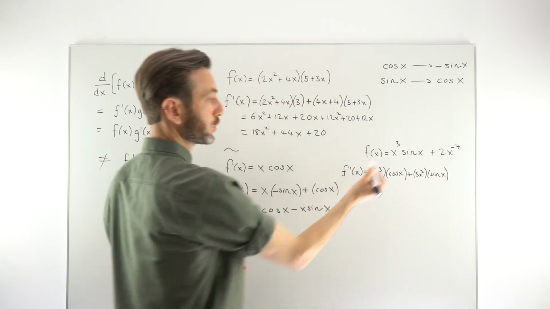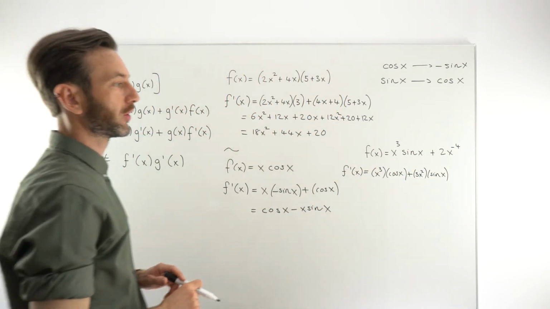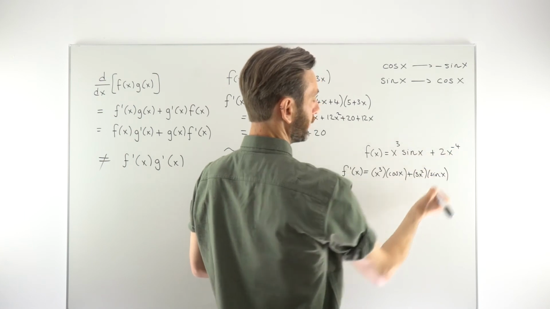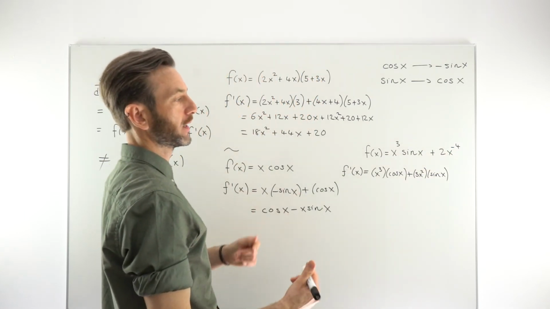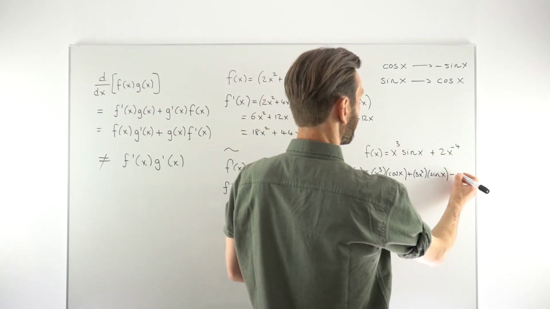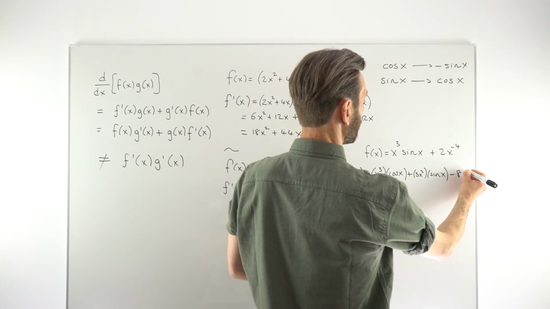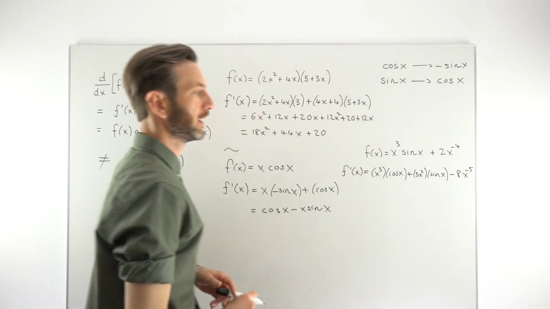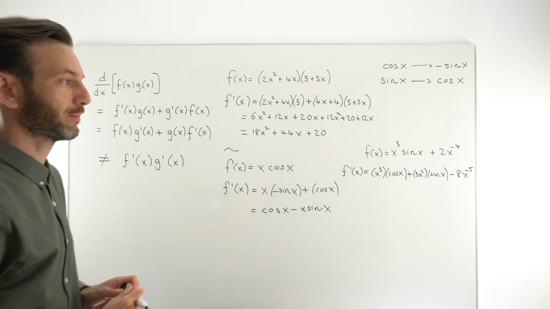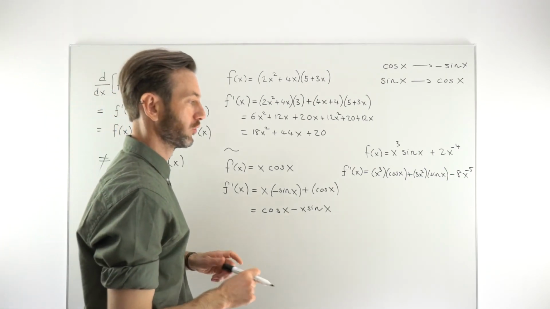And I got the 3x squared just using the power rule on the x cubed term. And then this term 2x to the minus 4 is in the perfect format to use the power rule. So that would become minus 8x to the minus 5, okay? So I'm assuming that you're familiar already with the power rule if you're using the product rule.